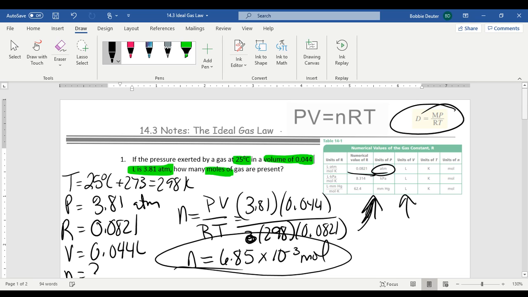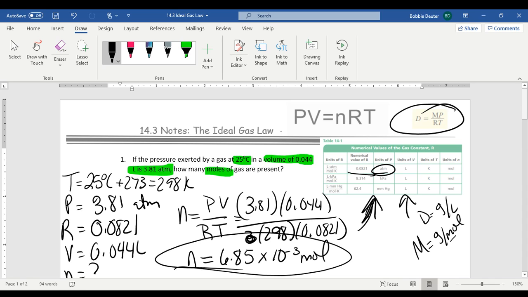This is kind of a neat equation that we're going to use right here. We remember from way back in chapter 2, density is equal to grams per liter. And M is our molar mass, grams per mole.